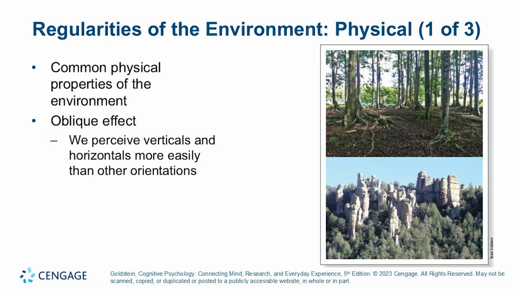And we can demonstrate this experimentally by, for example, showing people two bars where one might be slightly off from the other by a few degrees in its orientation. If they're both diagonal, people have a harder time telling whether they are perfectly aligned with each other or whether one is slightly off, versus if one of them at least is perfectly aligned vertically or horizontally.